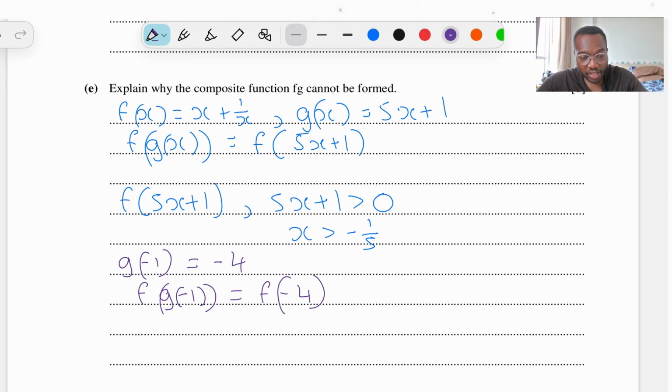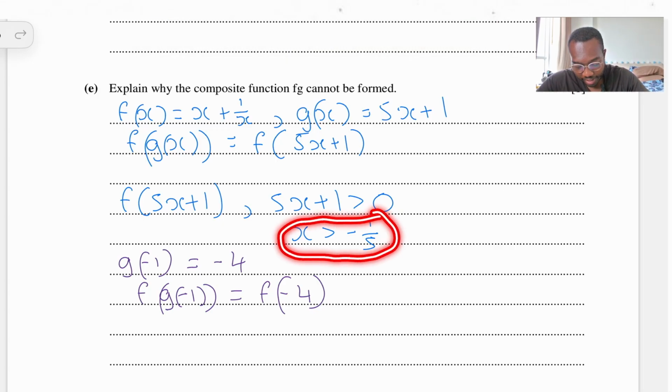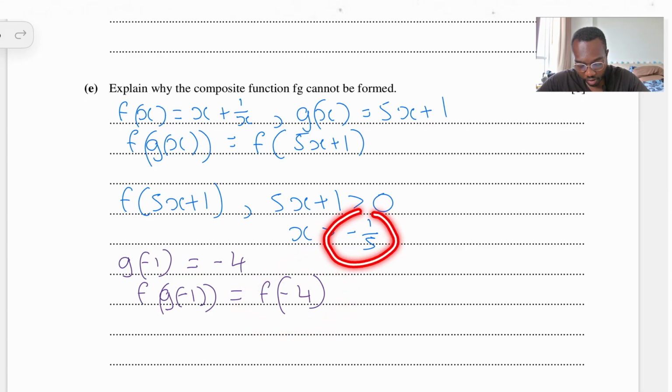Our domain, because of f of x, in this case has to be greater than minus 1 over 5. But as you can see, because of the nature of g of x, it contains all real numbers. When we put in g of minus 1, which is valid for g of x, we get minus 4, but we can't do f of minus 4 because x can only be greater than minus 1 over 5, which means this is not valid at all. f of g of x cannot be formed because the domain of f and the range of g are just all off.